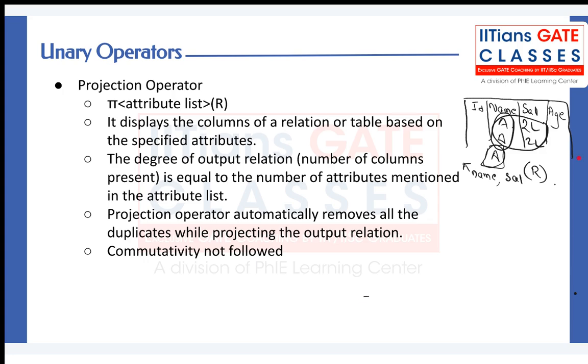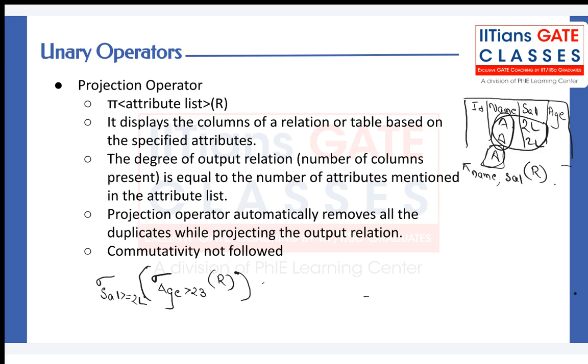So the other way to write this would have been sigma of age more than 23 of the relation R. Then I put another selection operation and select persons with salary more than or equal to 2 lakhs. It was 1.5 lakhs, I just wrote 2 lakhs, don't mind. So this is the same as writing sigma of age greater than 23 and salary greater than or equal to 2 lakhs.